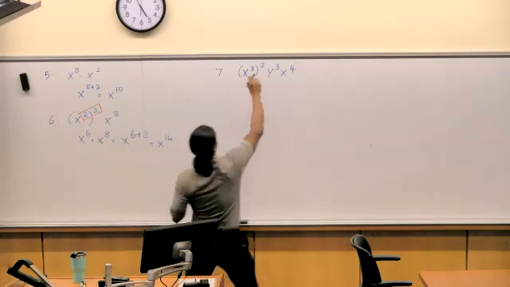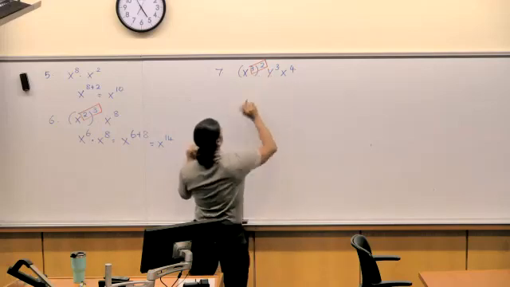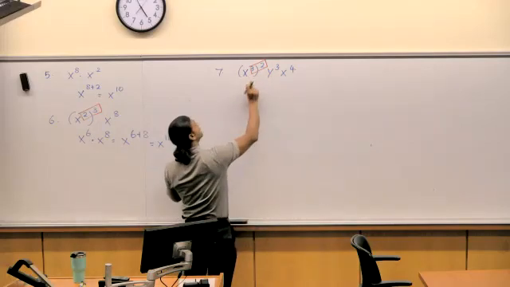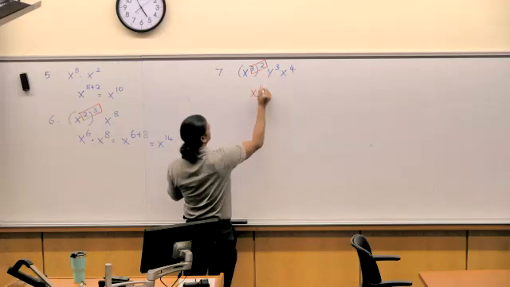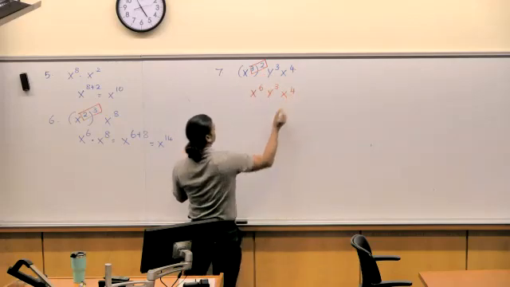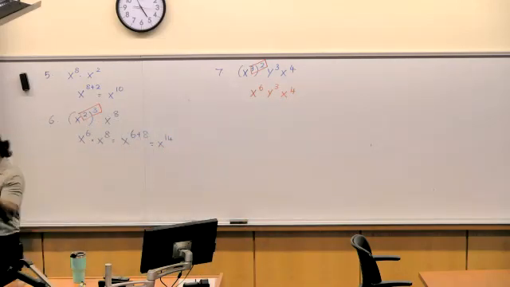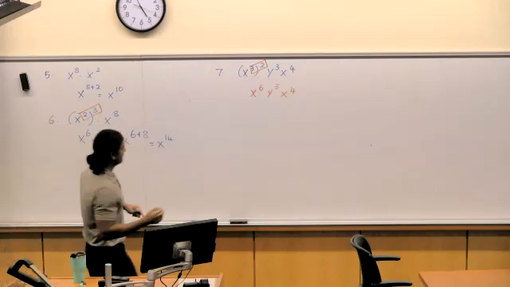So first step is to apply that exponent. So x raised 3 raised 2 would be x raised 6. Y cubed times x raised 4. We can move the terms around so that the x's are nearby.